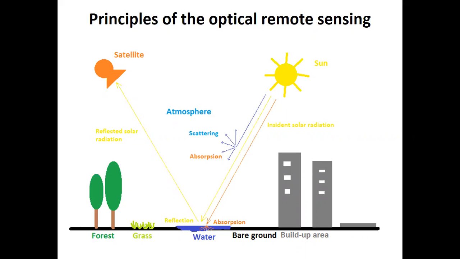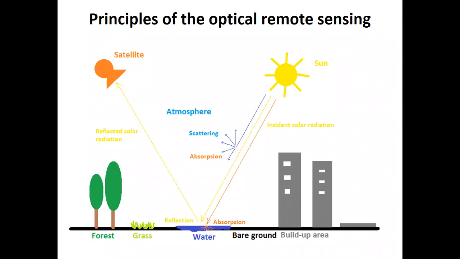Earth's surface, and part of it is also absorbed by different kinds of surface, and the rest is reflected back to space. And part of this reflected solar radiation could be detected by satellite sensors and recorded.